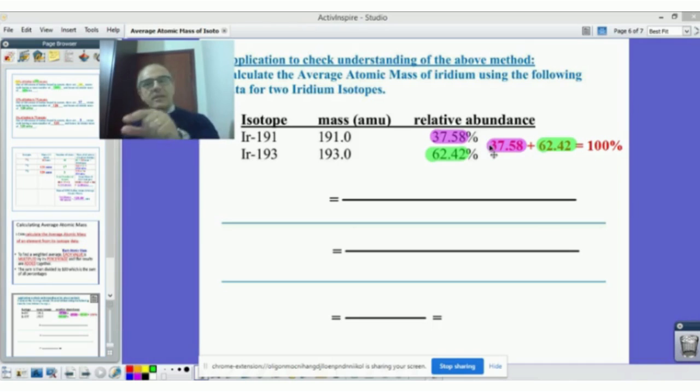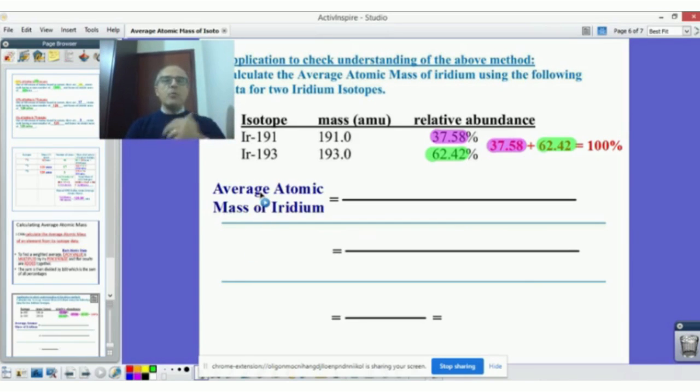If the percentage is not equal to 100, this means that I have a missing isotope that I need to search for. Since the percentage in our case is 100%, now I'm able to calculate the average atomic mass of iridium by following the rule that I obtained from the guided example.